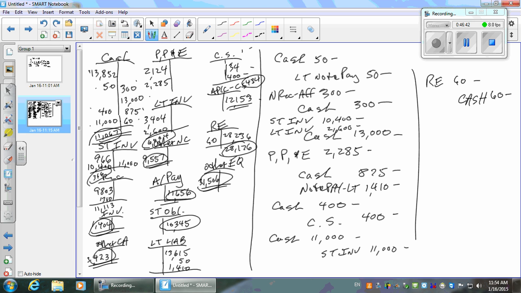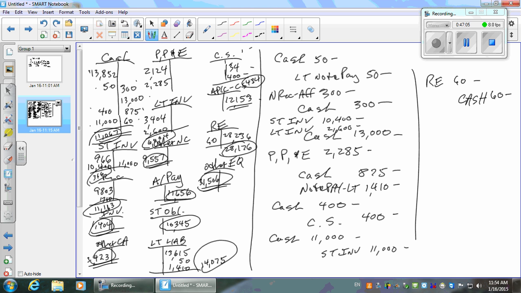Yeah. That's 1360, isn't it? Oh, is it? Okay. All right, did we do them all? Oh, no, it's long-term liabilities. 14 what? 075? Is that it?